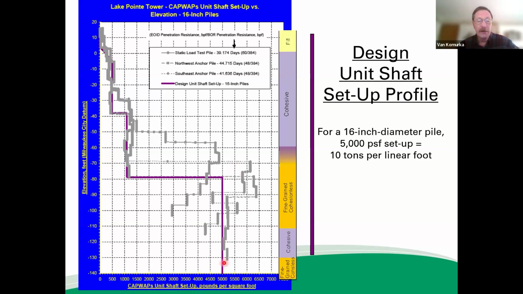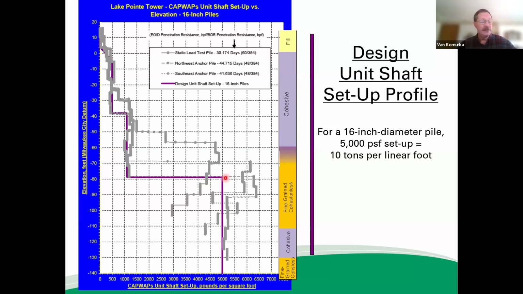Oh, well, yeah, one more point to make here. So again, we looked at these various setup profiles and looked at the blow counts and whether they were underpredicted or overpredicted to choose this 5,000 pounds per square foot setup below elevation minus 80.